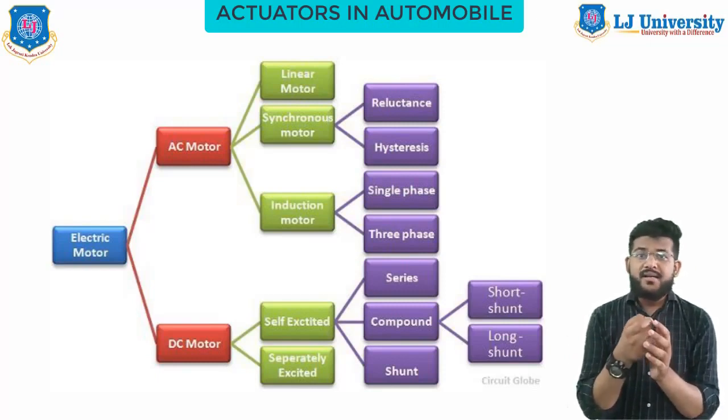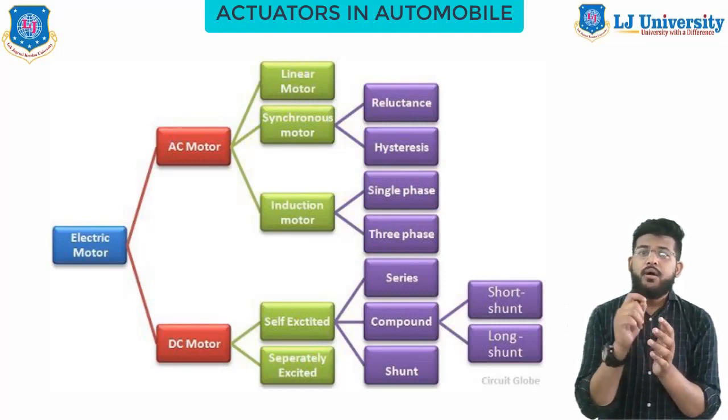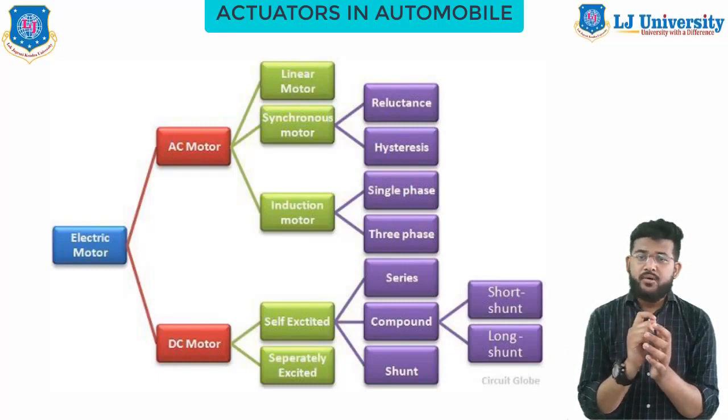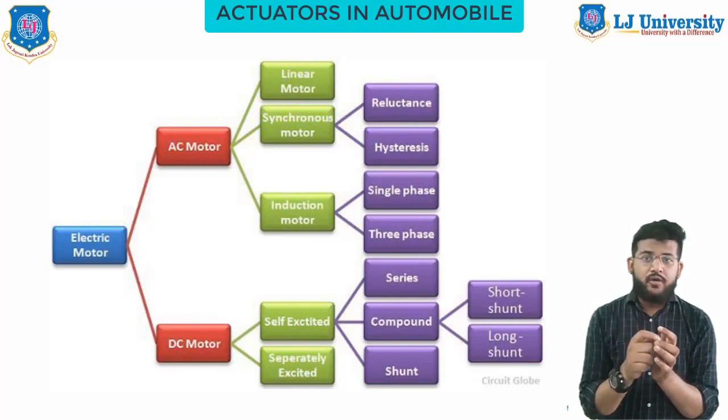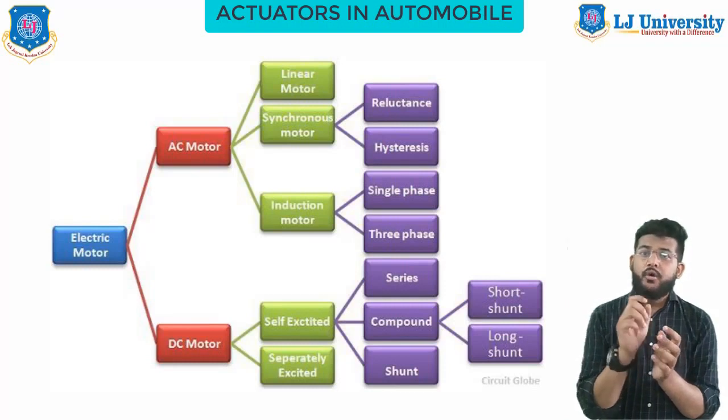AC motors are supplied with alternating current and they are classified mainly into single phase and three phase motors. Single phase motors can be induction or synchronous motors. A single phase induction motor consists of a single stator winding with a squirrel cage rotor and these are non-self starting motors.